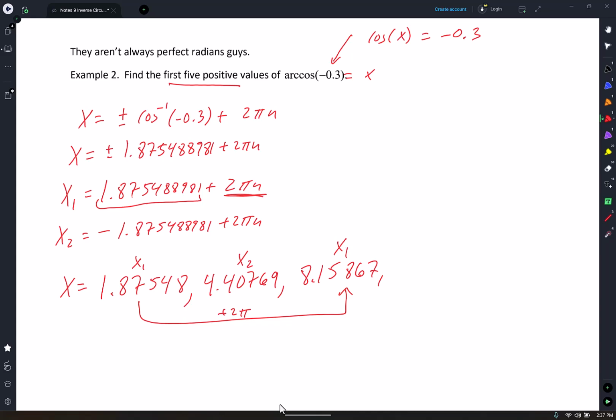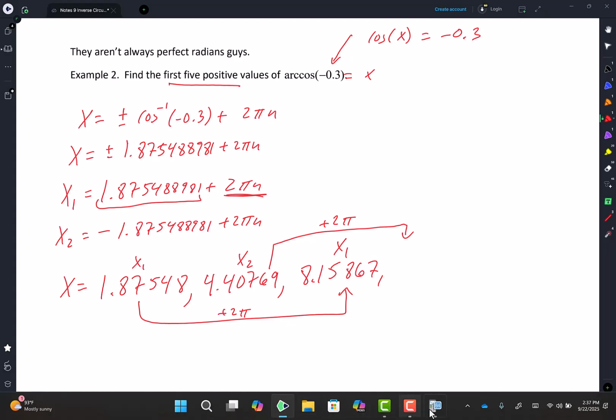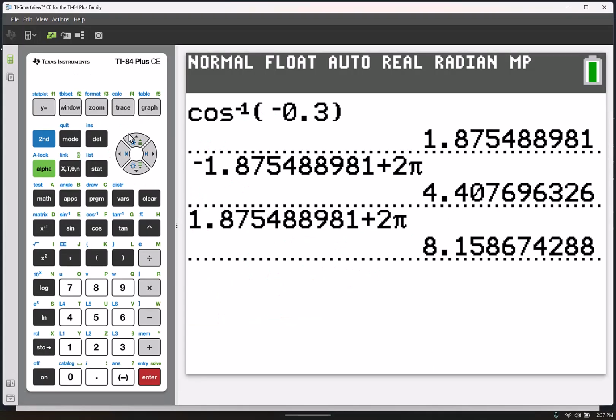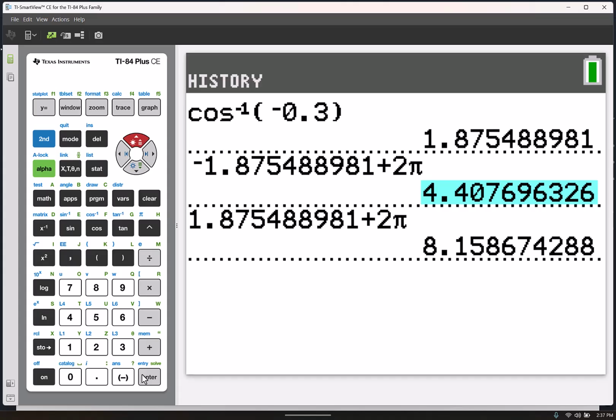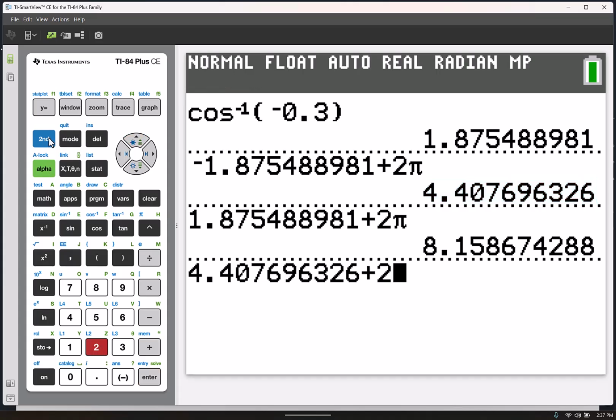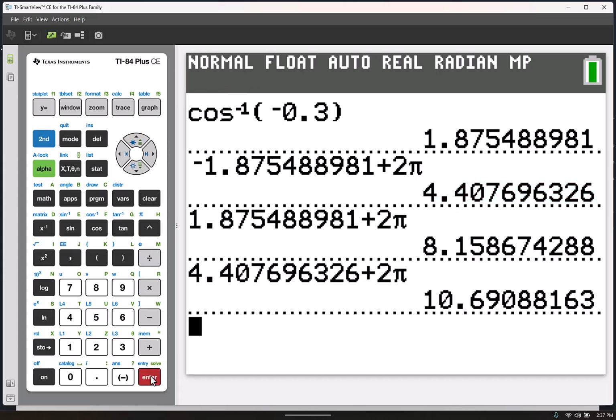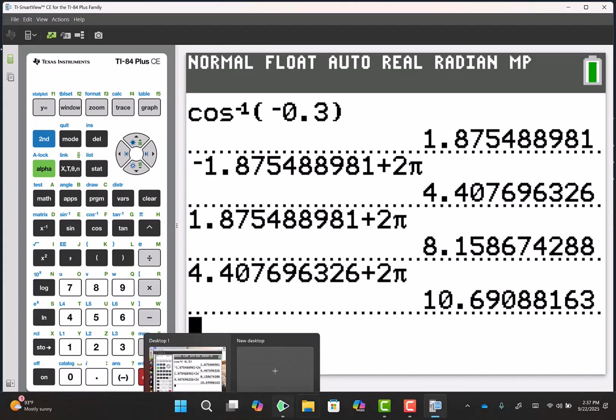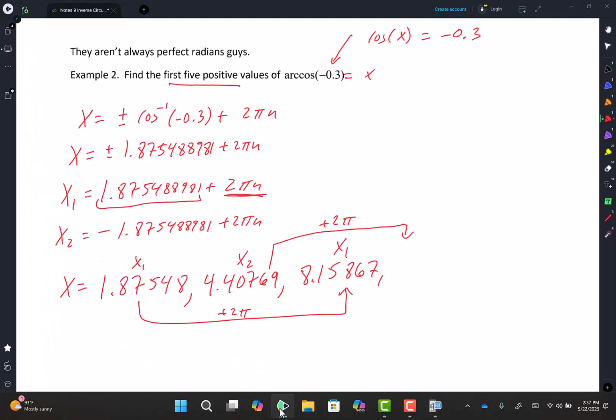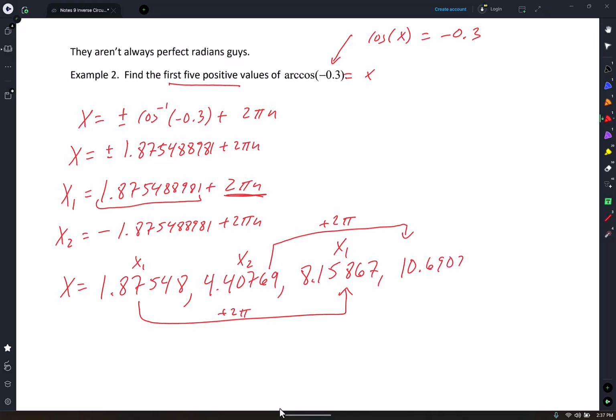The next one's going to come from this x2. Plus 2 pi. So take the 4.407, enter, plus 2 pi. And voila: 10.69088. 1, 2, 3, 4.